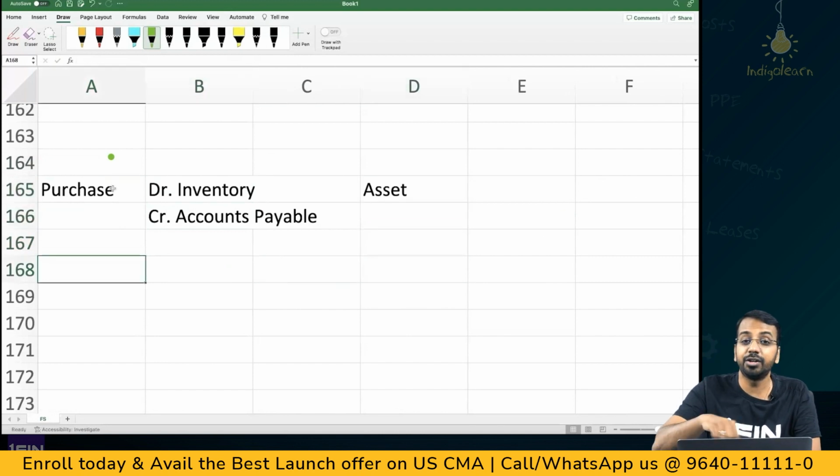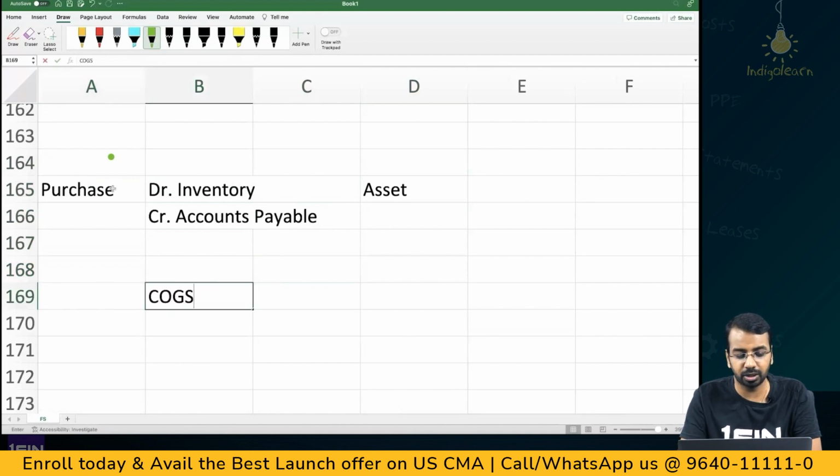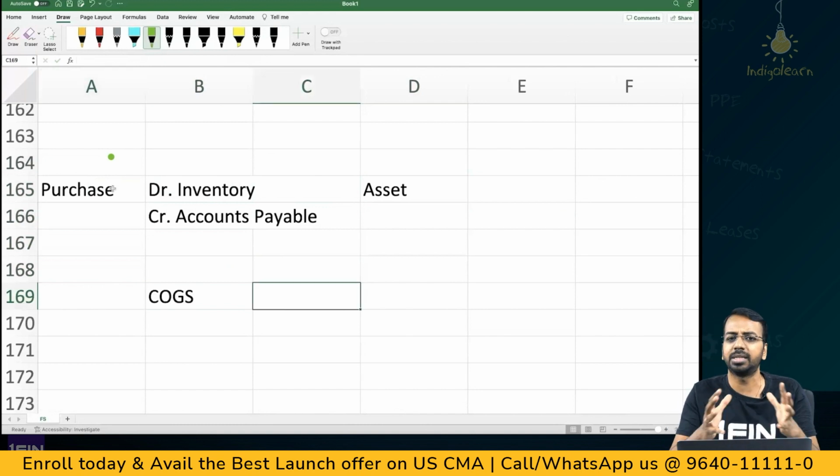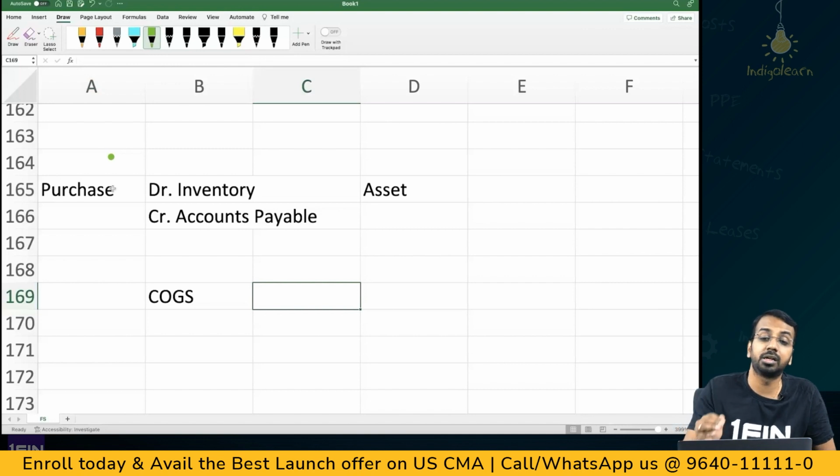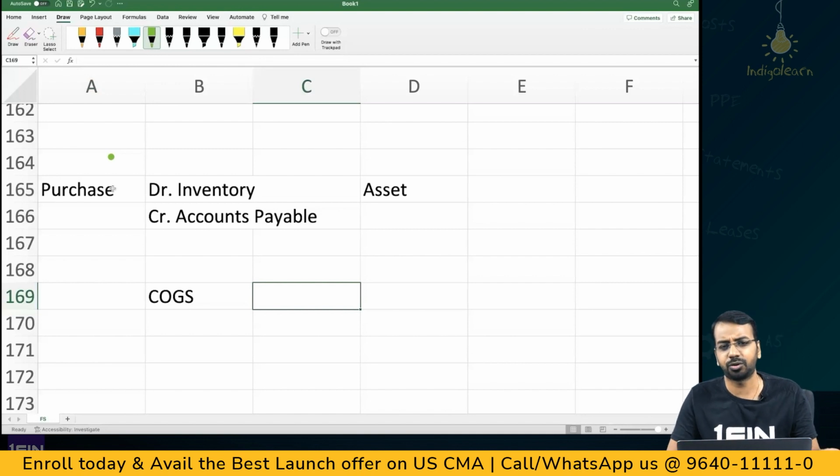Now, when you sell this inventory, you have to create something called cost of goods sold. Now, sir, what is this cost of goods sold? This basically says what is the value of the goods which are sold. Just to give you an example, I have this phone. If I buy this phone for selling, let us say I am a mobile phone dealer, it becomes my inventory.